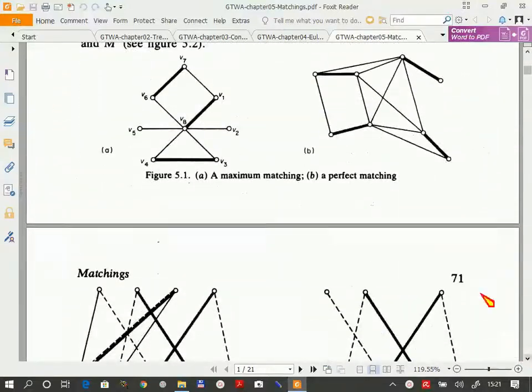Just look at this. Here I have something which is not bipartite, and here the thick lines show one particular matching, meaning a set of edges, okay, such that no two of them have an end in common. Also here you have a set of edges, not two of which have an end in common.